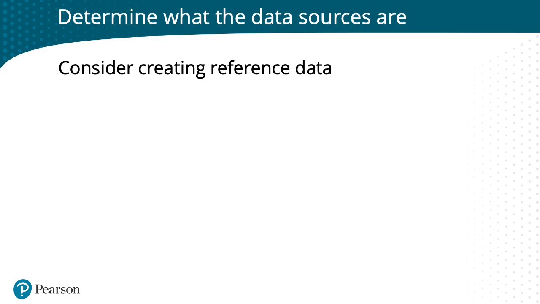So things like units of measure, country codes, the way we format date times, maybe some kind of weight or temperature conversions, things that really aren't going to change very often. So think about making reference data to help make your data from different sources more consistent.